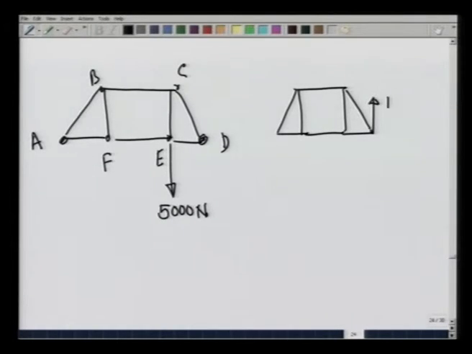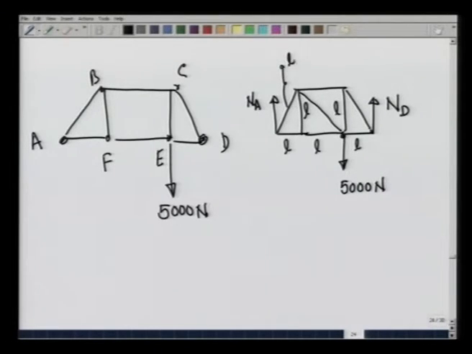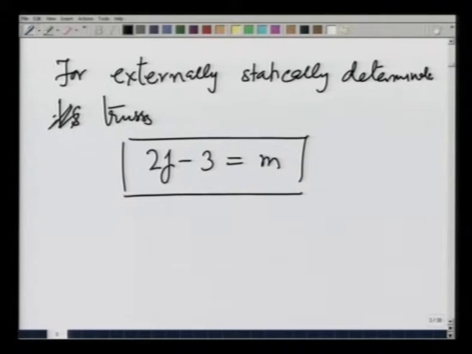Let the normal reaction at D be N D, let the normal reaction at A be N A, and there is this force acting downwards of 5000 newtons. I have not been careful in making this to scale, but let the length of these small straight rods be L, so that this diagonal rod is L root 2, this length is also L root 2 and so on.